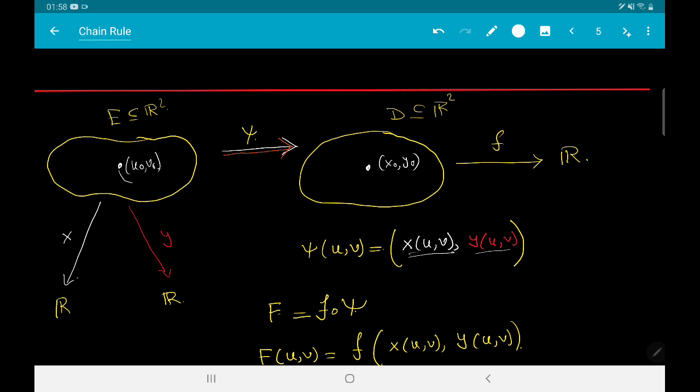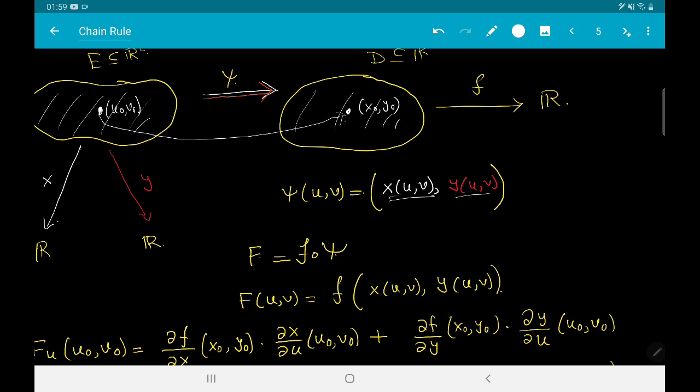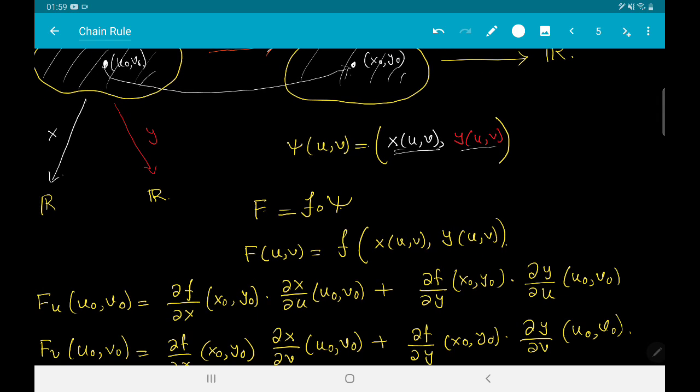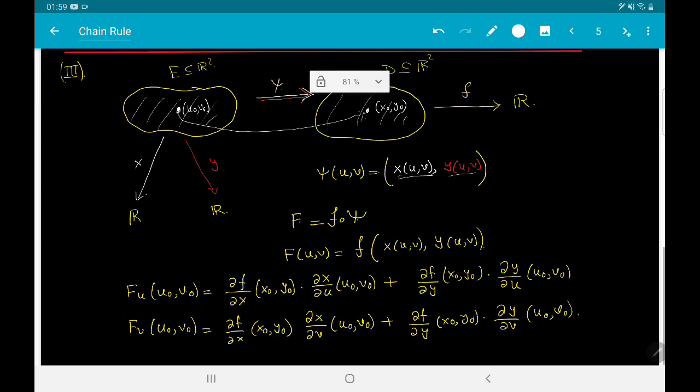The condition was that u₀, v₀ gets mapped to x₀, y₀, and if I now take the composition of these two maps, then the resultant map is differentiable at u₀, v₀, provided the map psi takes E inside D, and the total derivative of the composition can be computed in a rather easy way. So this is all about the chain rule. We will talk more about multivariable calculus in our upcoming videos.